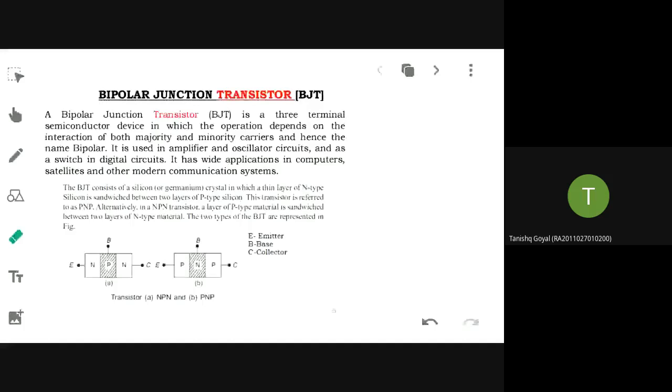In active region, it acts as an amplifier, and in saturation region, it will act as a switch. So what do you mean by amplification? The input amplitude is magnified by some times. So that will be the amplification process. And switching process means it will be either on or off. On state means it should be in saturation, and off state means it should be shifted to cutoff state.